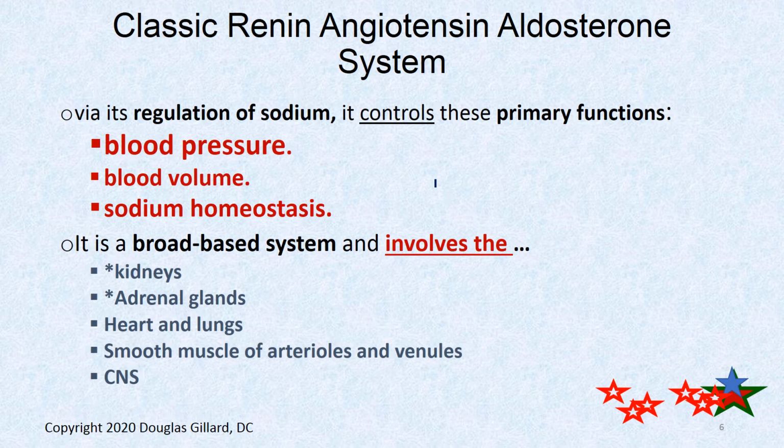It's an incredibly busy system, as you may remember. It starts in the kidneys, but it involves the adrenal gland, all layers of the adrenal gland, including the medulla, which people forget about. Not only the cortex, but the medulla. It causes the release of, well, you tell me, how does it affect the medulla? Good, somebody got it.